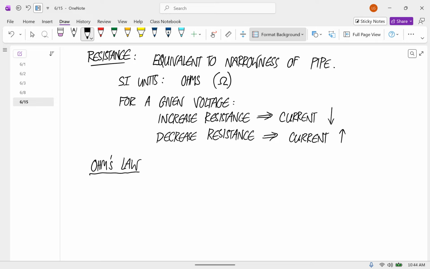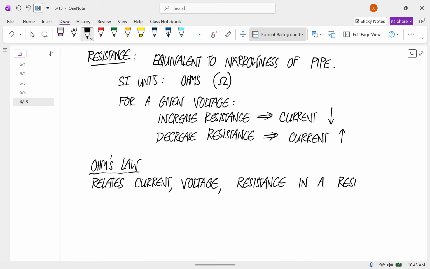Ohm's law relates the current, the voltage, and the resistance in a resistive element. So that could be a wire or it could be a resistor.